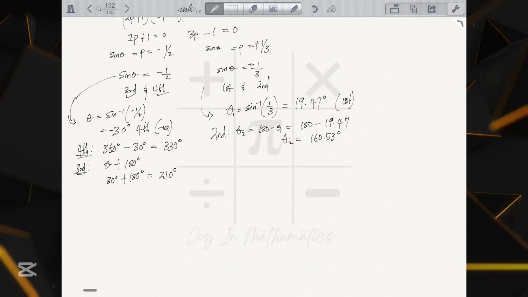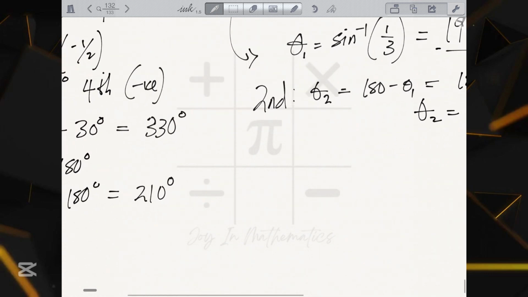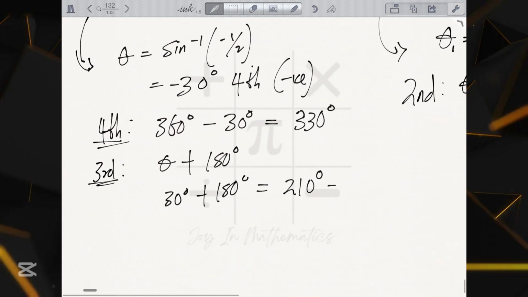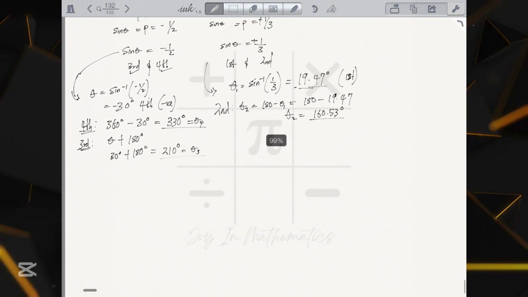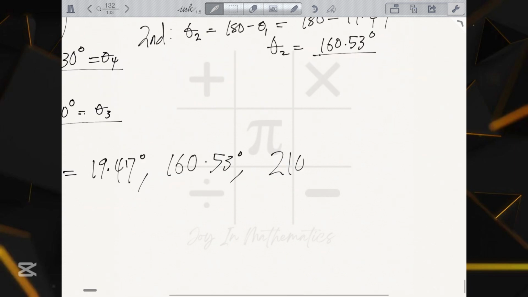Theta 1 equals 19.47 degrees, theta 2 equals 160.53 degrees, theta 3 equals 210 degrees, and theta 4 equals 330 degrees.